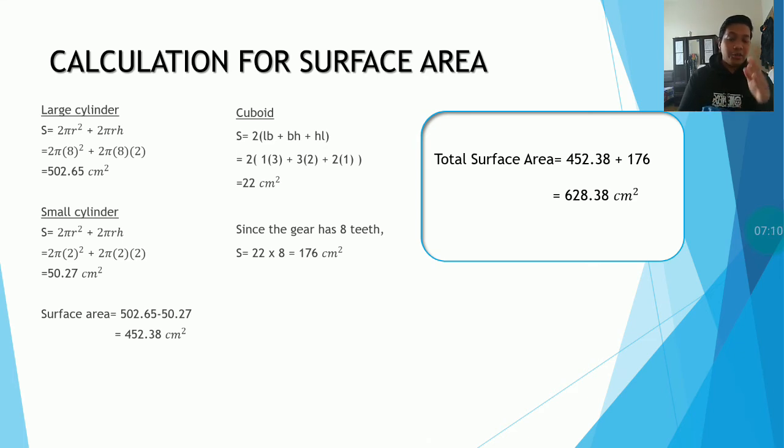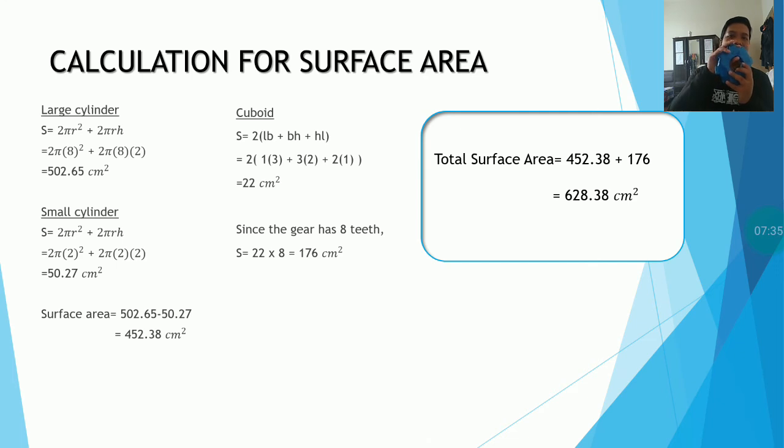As shown in the slide, the total surface area for the large cylinder, the outside circle, is 502.65 cm square.